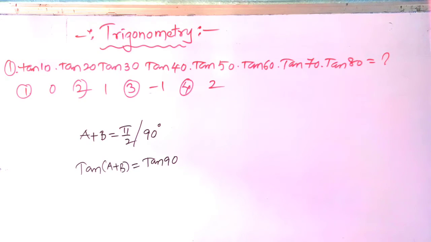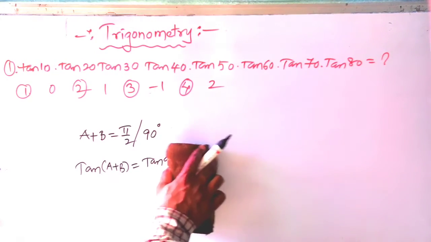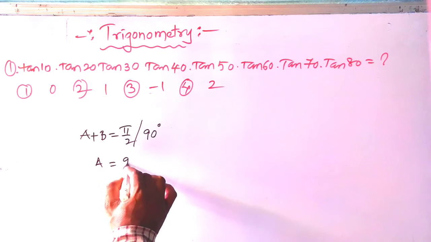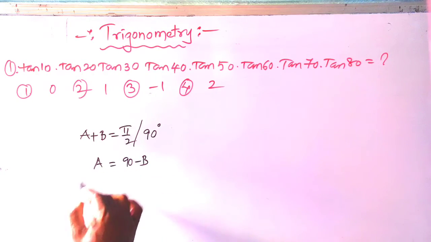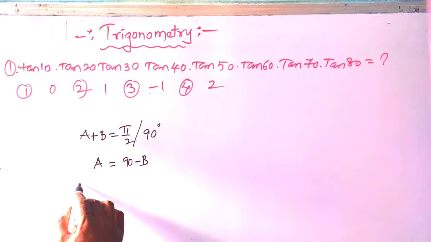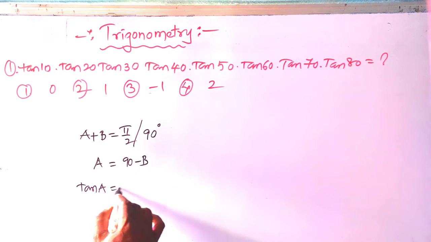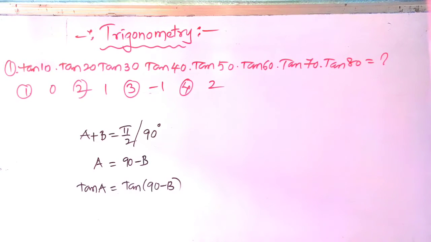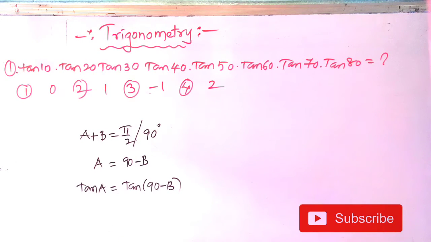So A plus B equals 90 degrees, then A equals 90 minus B. Applying tan on both sides, we get tan A is equal to tan of (90 minus B). Since 90 degrees is an odd angle, tan changes into cot. So tan A is equal to cot B.